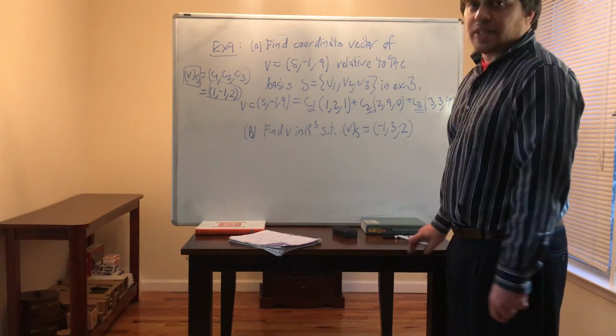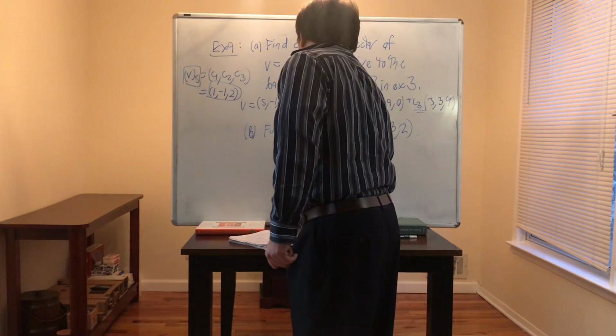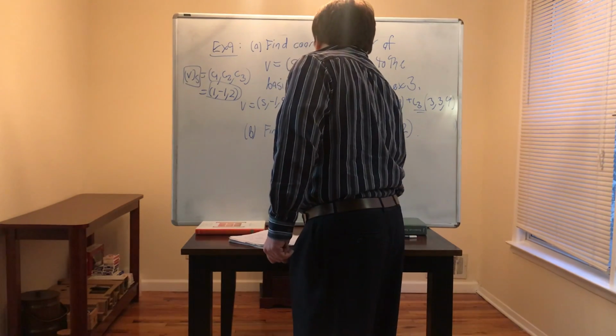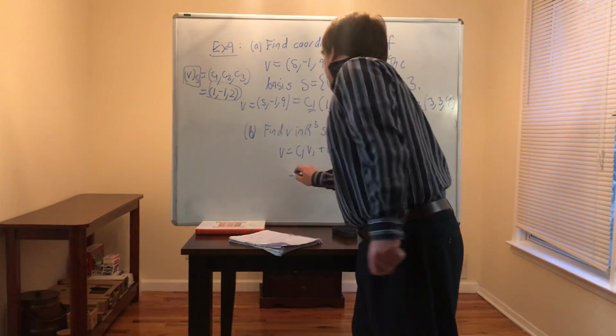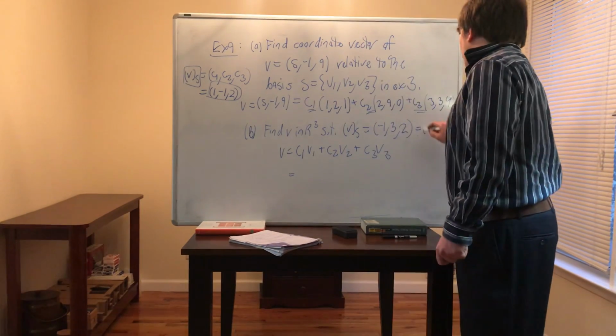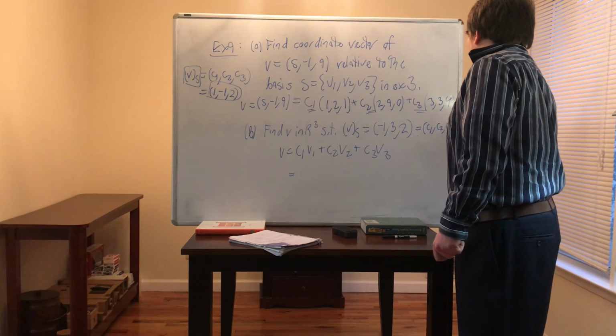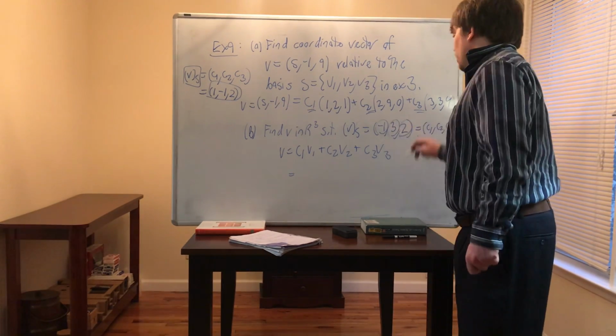Well, that's easy actually. V is equal to C1 V1 plus C2 V2 plus C3 V3. So C1 is -1, C2 is 3, and C3 is 2.